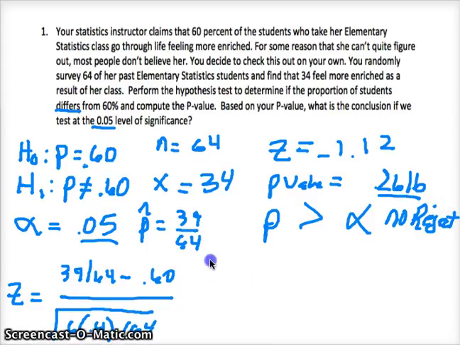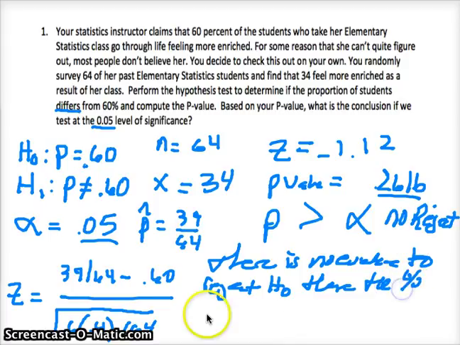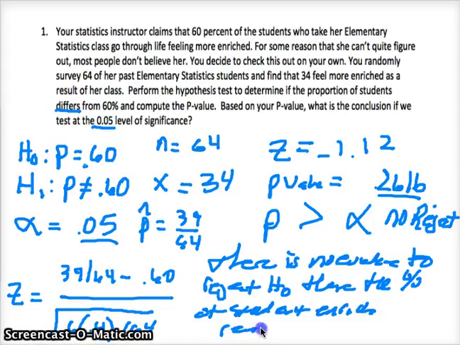So you're going to say there is no evidence to reject H sub O. Therefore, the percent of students enriched remains at 60%. Still, that's pretty good.